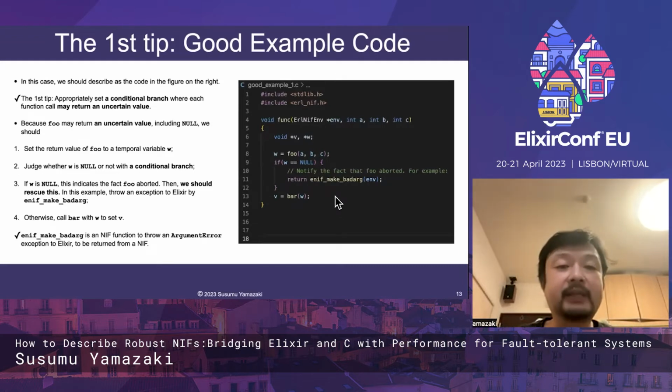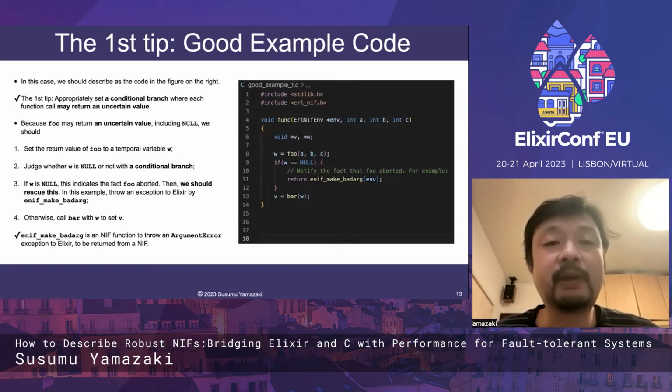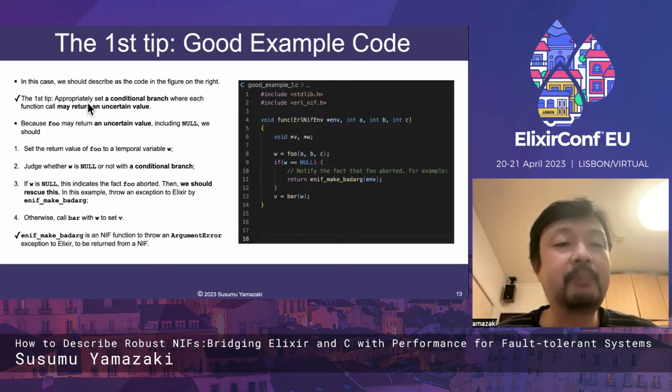In this case, we should describe the code as in the figure on the right. The first tip: appropriately set a conditional branch where each function call may return an uncertain value.